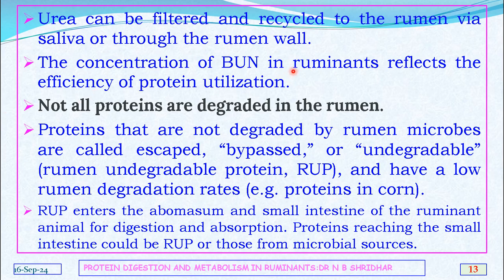So the concentration of BUN in ruminants reflects the efficiency of protein utilization, how much of the protein is being utilized.